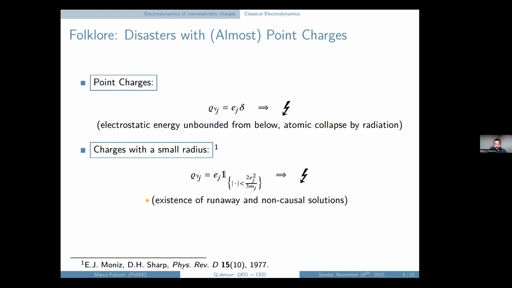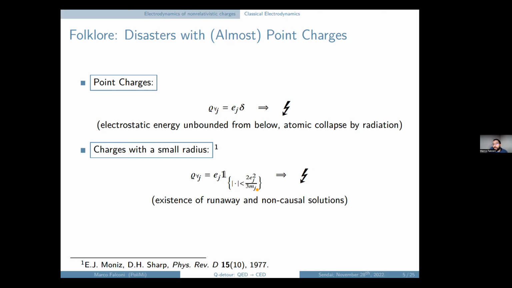This is a result due to the physicists Moniz and Sharp in 77 in Physical Review B. The idea is that if we take a charge concentrated in a very small radius, there is this Bohr radius here, 2 EJ squared over 3 mJ, taking c equal to 1 and h bar equal to 1.